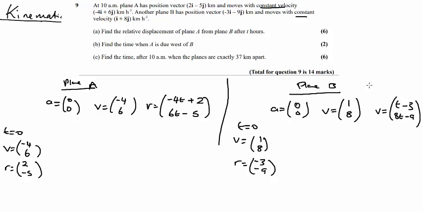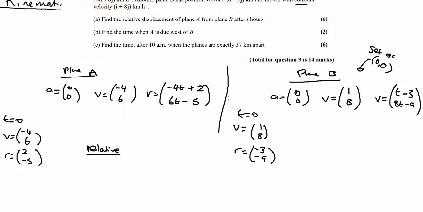So what we're going to do is set this one as 0, 0. If you want to find the relative displacement of A from this, we're going to do this one take away that one. Does that make sense? So it's going to be minus 4t plus 2 take away t minus 3.